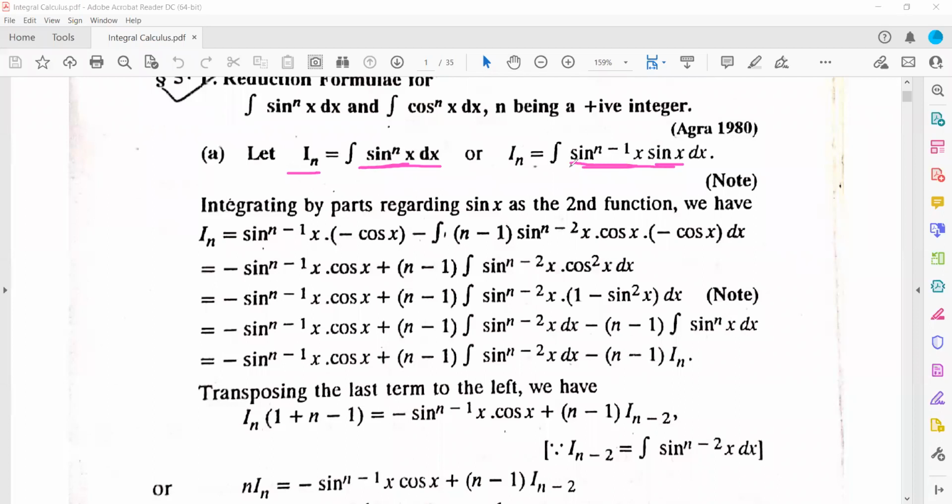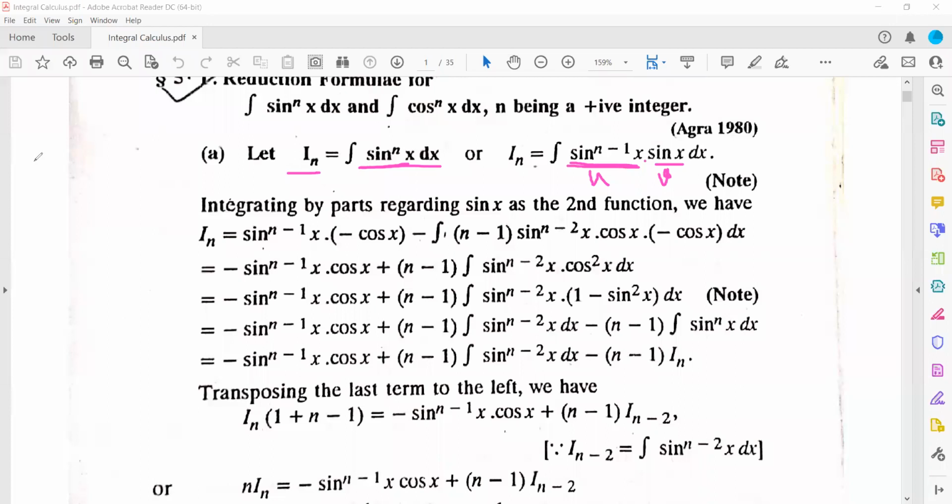Now there are two terms here. One is sin to the power n minus 1 x and the other is sin x. Consider the first as u and the second as v, so we use the product formula. What is the formula?